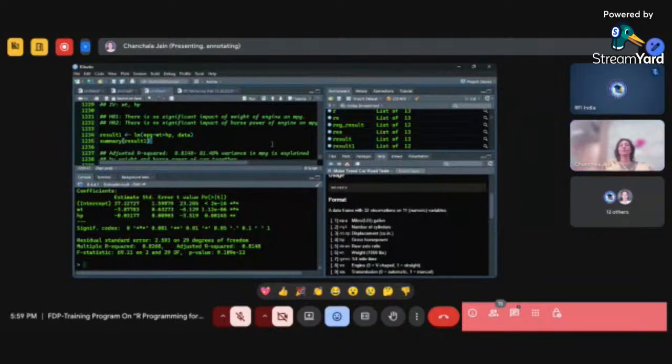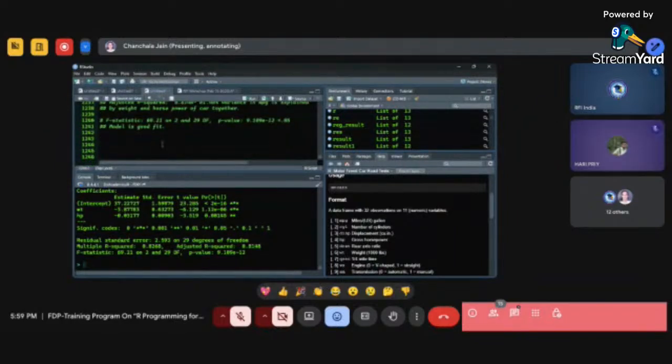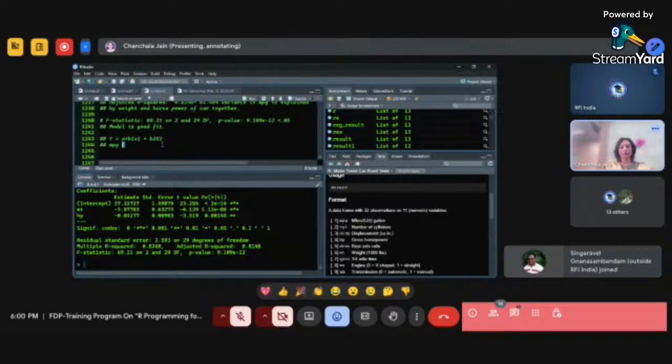Yes, ma'am. So now if it is all fine, I will write my equation. The equation will be y equals a plus b1 x1 plus b2 x2, right? So I'll write MPG equals a, which is 37.23. I have rounded this off, right?